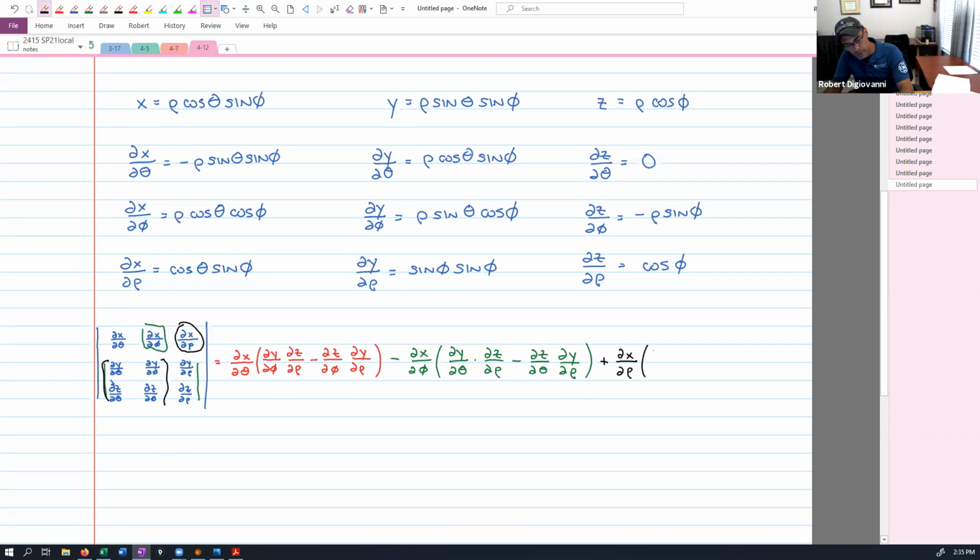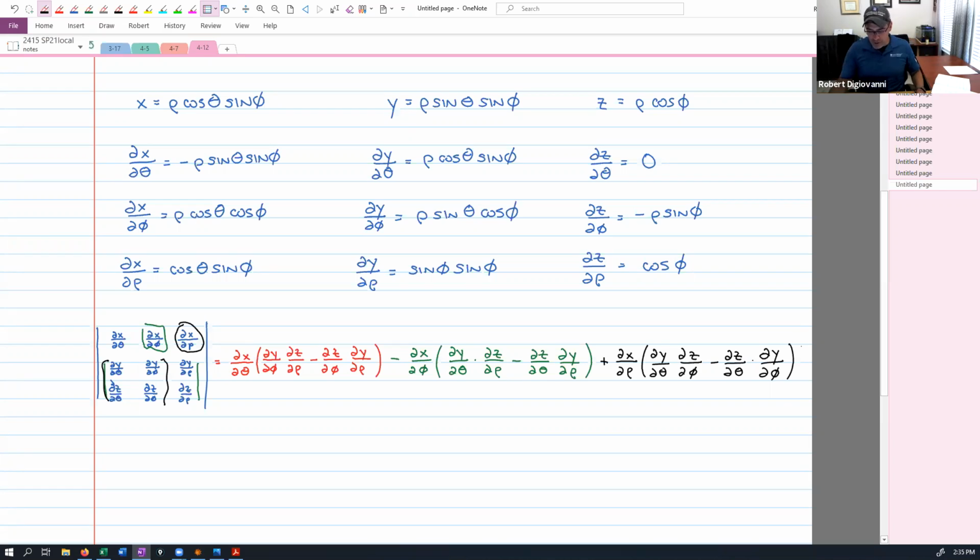And then we have partial y with respect to theta, partial z with respect to phi, minus partial z with respect to theta times partial y with respect to phi. All right. Now, if we compute this, we should get rho squared sine phi.